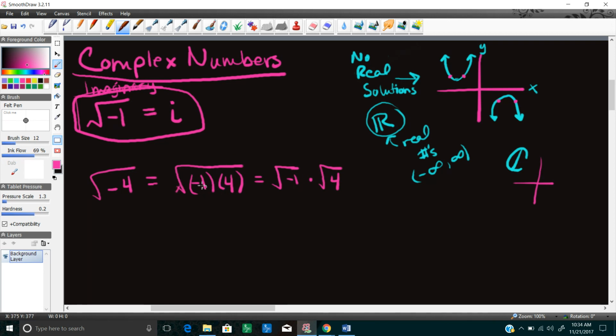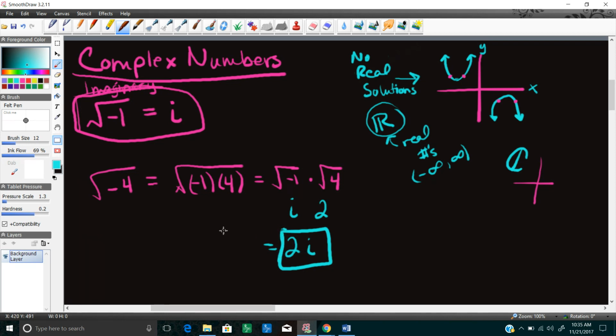We can break this up because it's just multiplication. So this right here would be the same as an i, because the square root of -1 is just i, and the square root of 4 is just 2. My answer would be 2i, which means that our answer is not a real number, but an imaginary one, equivalent to 2i.